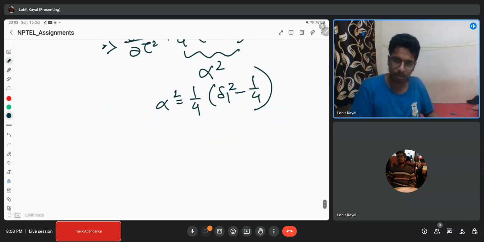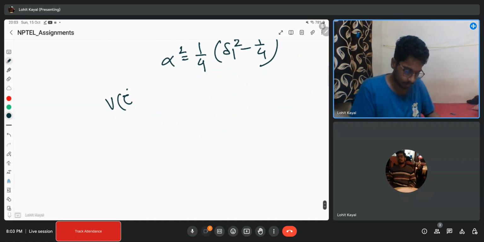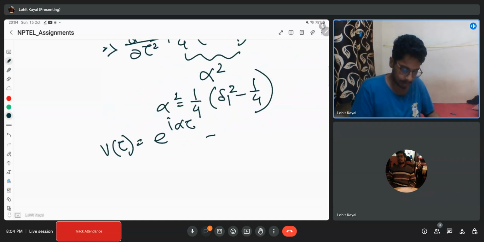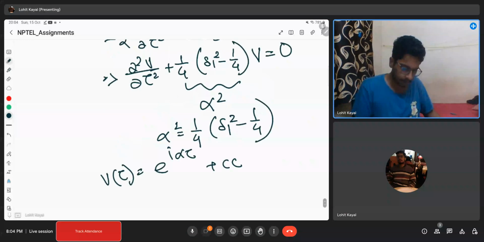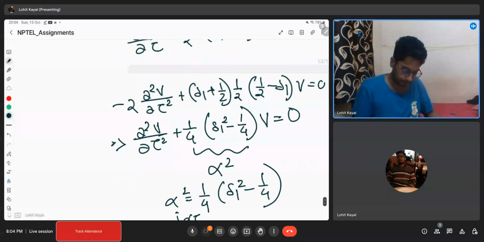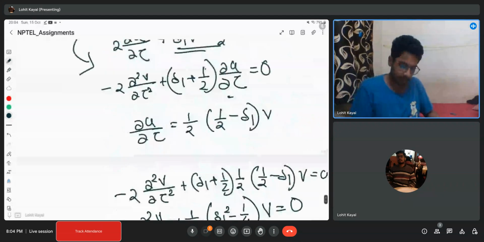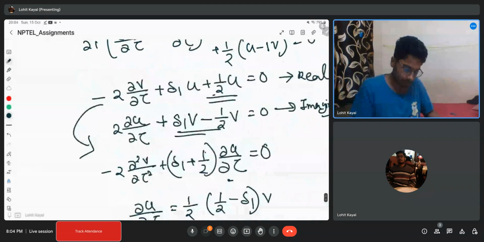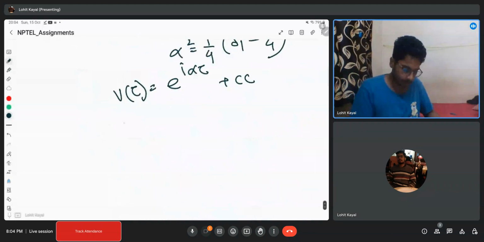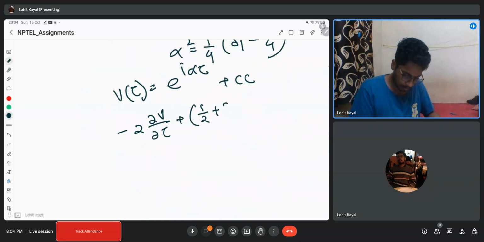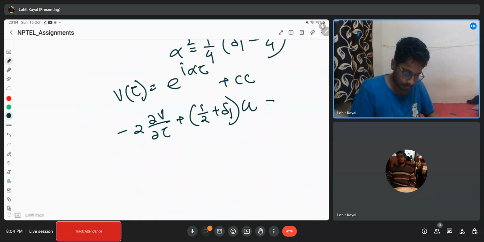So what will be the solution? v of tau will be some e to the power of i alpha tau plus c.c. Now what will be u of tau? That is the equation we can get easily from this one. The standard equation says minus 2 del v del tau plus half plus delta 1 times u equals 0.